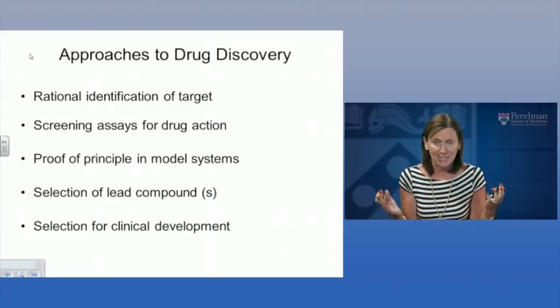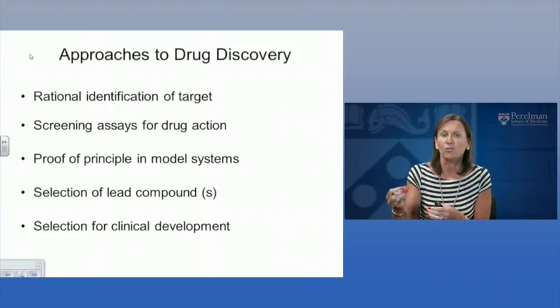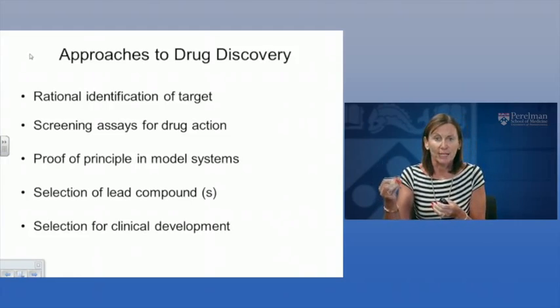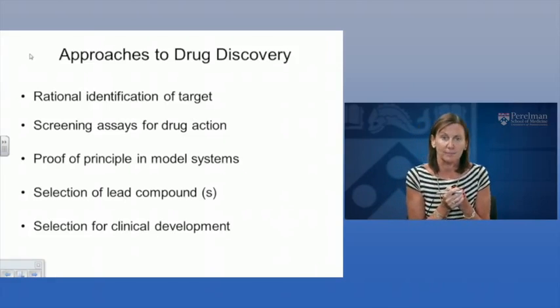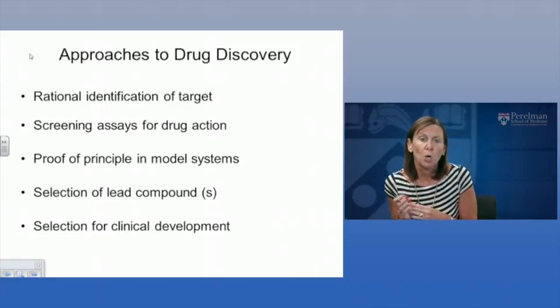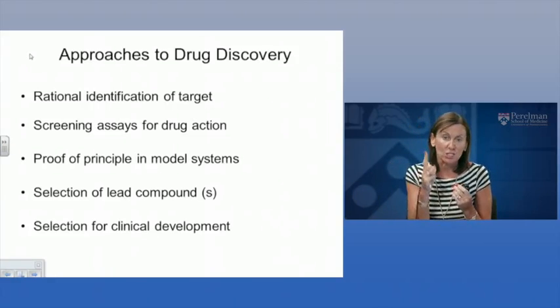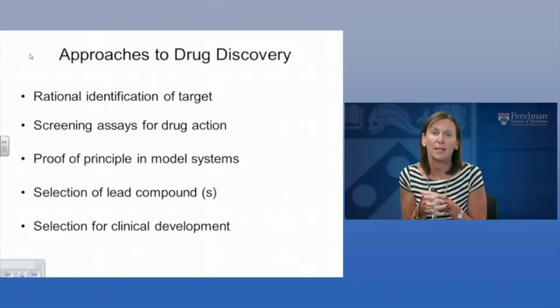Or maybe an enzymatic kinetic system showing that the drug actually either inhibits or, less rarely, activates the enzyme in that model system. And typically what happens in the real world is you're not just working on one molecule.